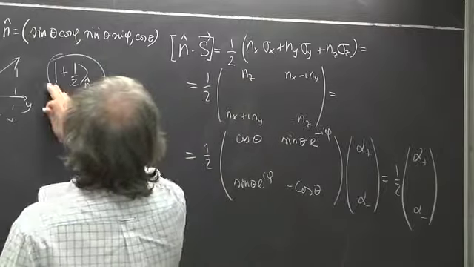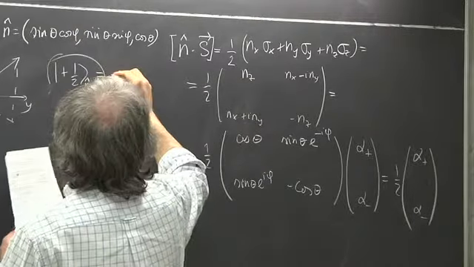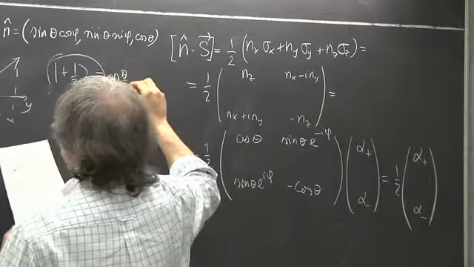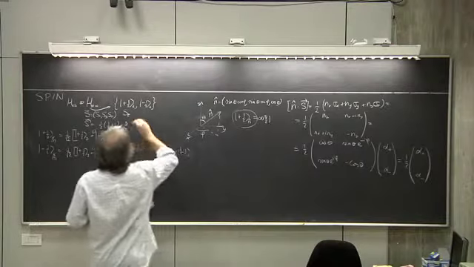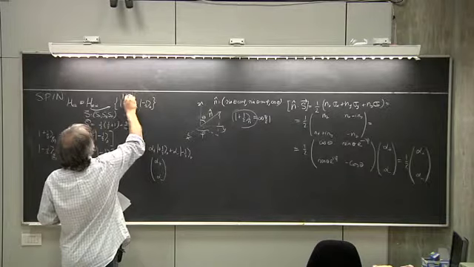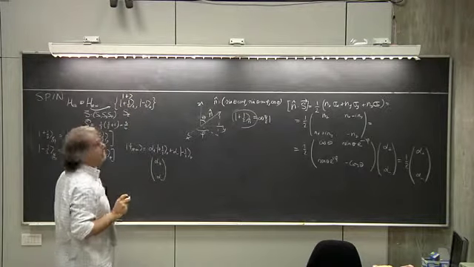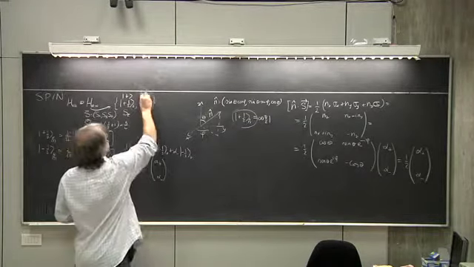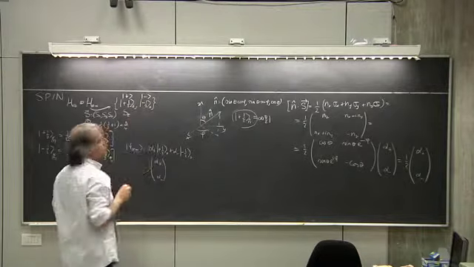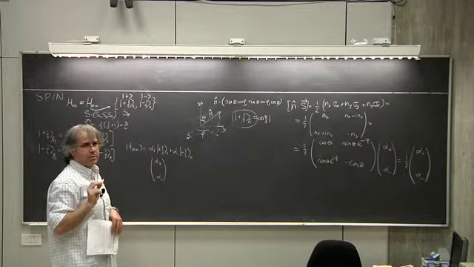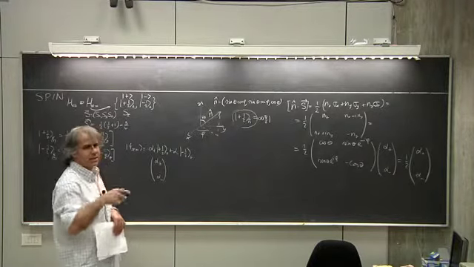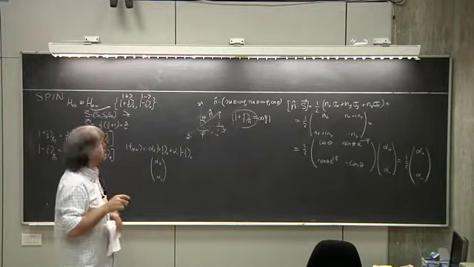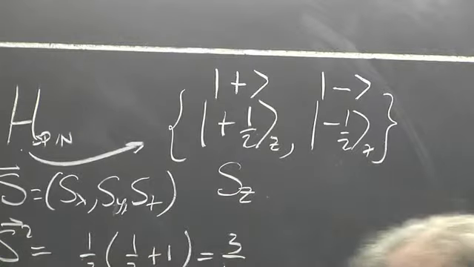Okay, this state is given by cos theta over 2, the state. Let me make a convention: when I write plus without anything, it means the plus 1/2 z. And similarly, this is minus without anything. If I want to talk about some other state in some other direction, I explicitly put the direction index somewhere. Okay?